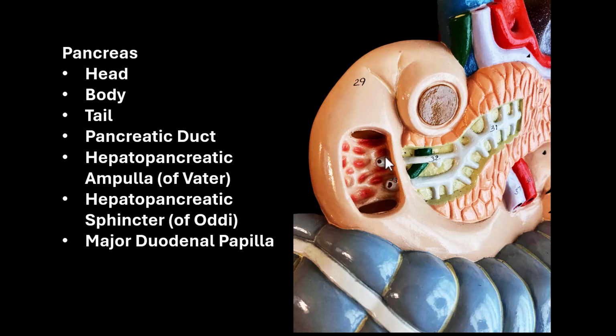This would be the minor duodenal papilla, just because this is an accessory duct. But this would be the major duodenal papilla, and this is where the sphincter of Oddi would open up and allow bile and digestive juices from the pancreas to go into the duodenum, to start mixing with the food that just left the stomach.